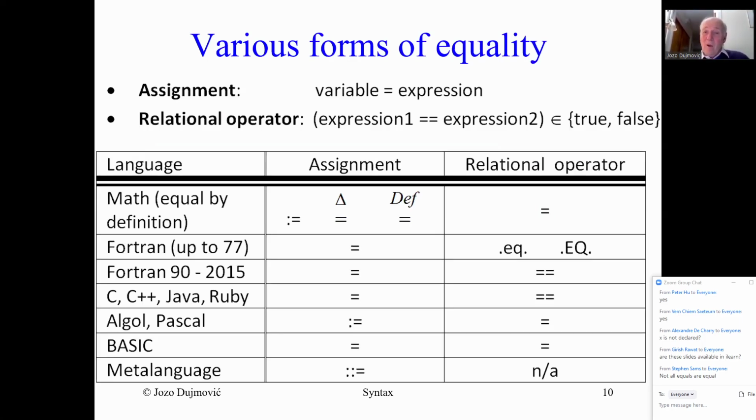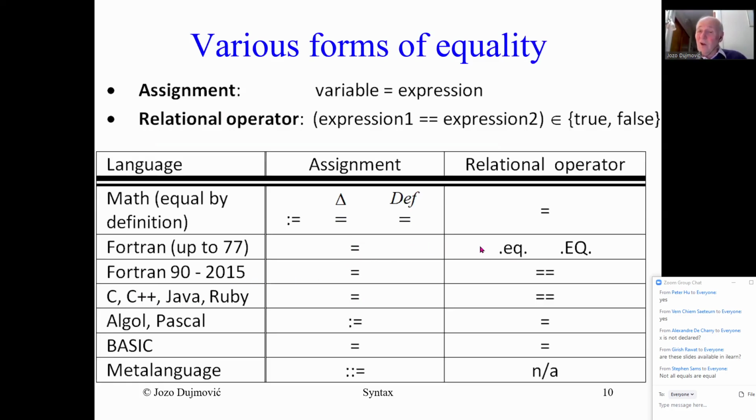Okay. Now, this is used also in various programming languages. Each language has different rules for how to do that. For example, the old grandpa Fortran is using assignment as the equality sign. Well, this is fine. This is what everybody uses today. For example, you have that in Java and in Ruby and C and C++.